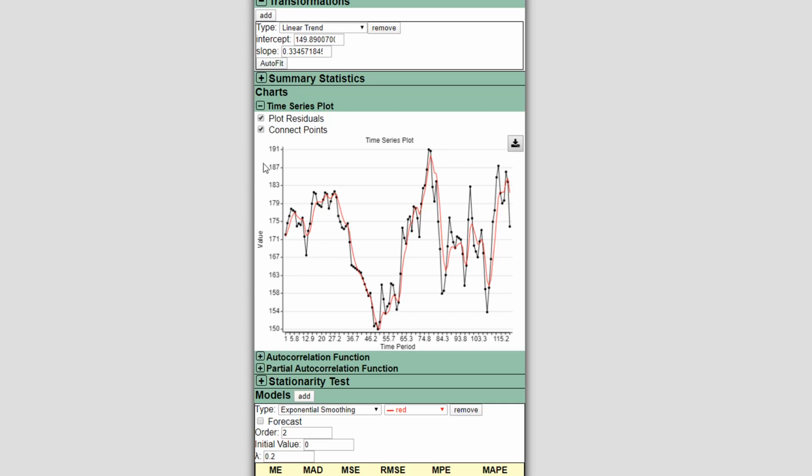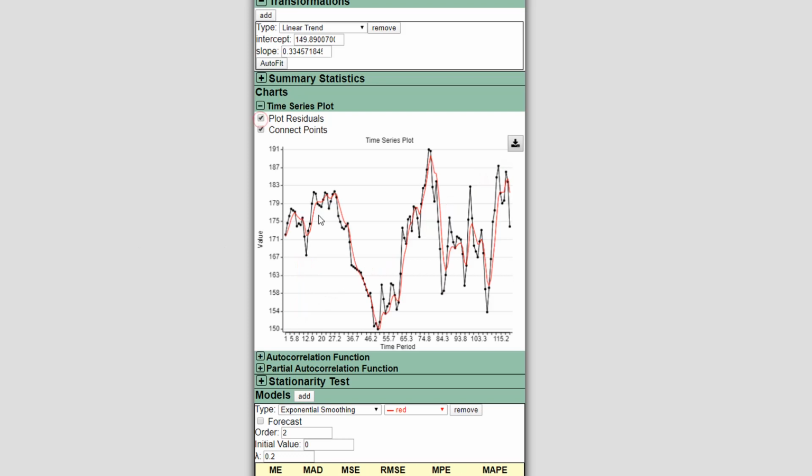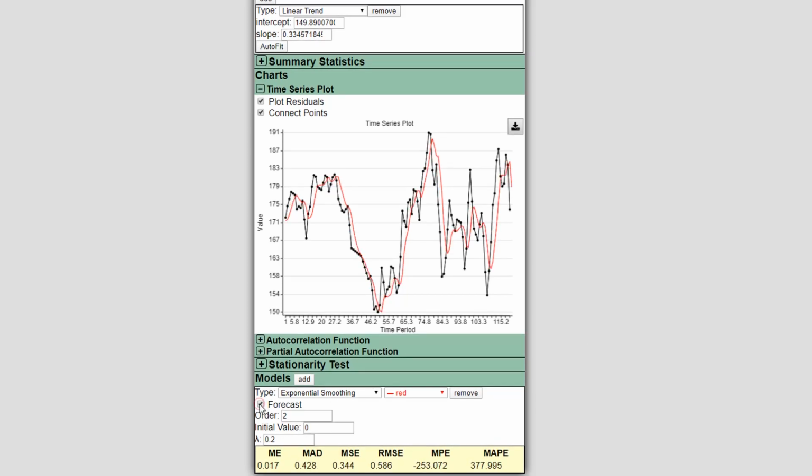One thing I need to fix is the y scaling not changing when you choose whether to plot the residuals or not. So you can see that this is a pretty good capture of the residual each time, and the forecast I think is going to be fine.